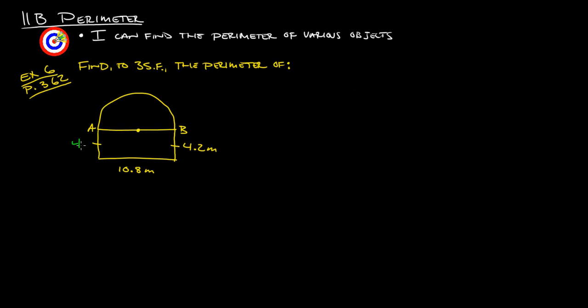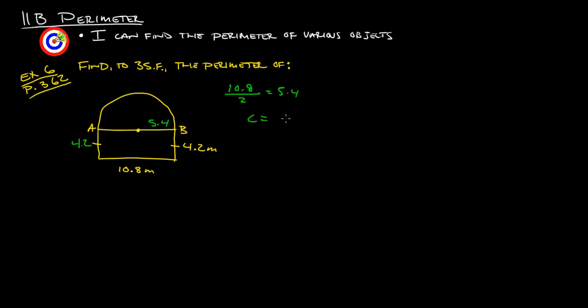This is also 4.2, this is 10.8, so we basically just have to figure out what this is here. That's going to be half the circumference, right? And if this is all the way 10.8, if we take 10.8 and divide that by 2, we get 5.4. So this radius here is 5.4.